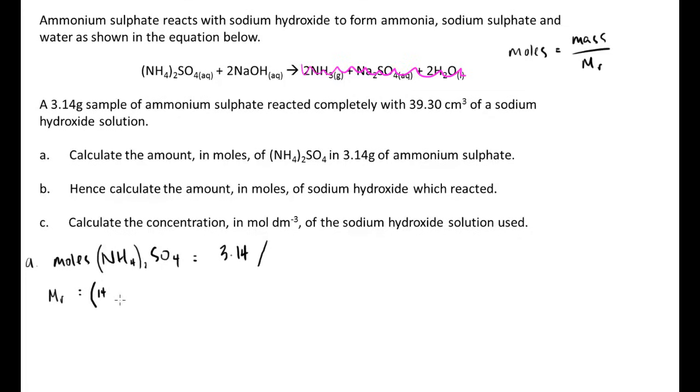We're going to add to that 4 times, hydrogen, and then we're going to times that by 2. We're going to add to that my sulfur, which is 32.1, and I'm going to add 4 lots of 16, and I believe that's going to come to 132.1. So we use that number here, 132.1.